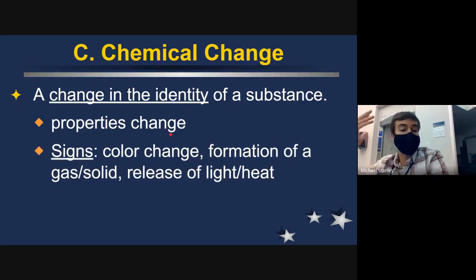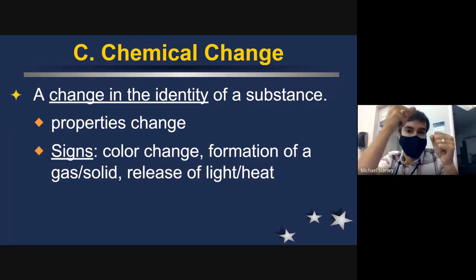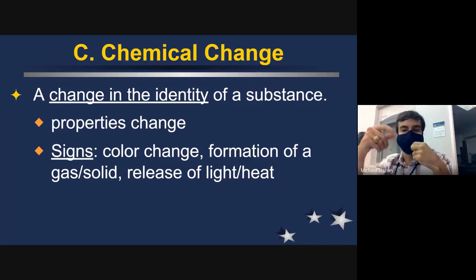So there are lots of different signs that a chemical change could happen. You could have a color change. And by color change, I don't mean that like you add the grape Kool-Aid flavor into a pitcher of water and it turns purple. That's not the kind of color change. Instead, I'm talking about if you've ever been to like a public pool or something and you see the people doing like the water tests, they'll gather up some water and then they put these little droplets into it and it'll cause the water in their tubes to change color.